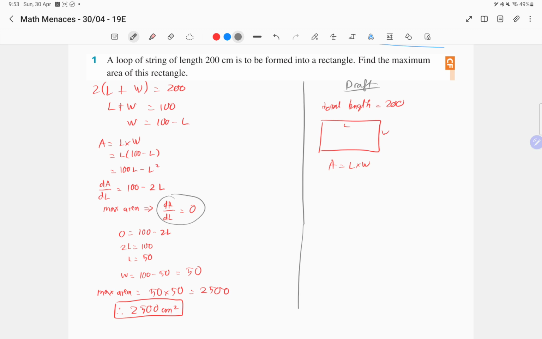So this is the one that you need to get used to. The idea is that when you're trying to find the maximum value, it's like finding the local maximum, right? Which is essentially a stationary point, so you need to set the derivative equal to 0.